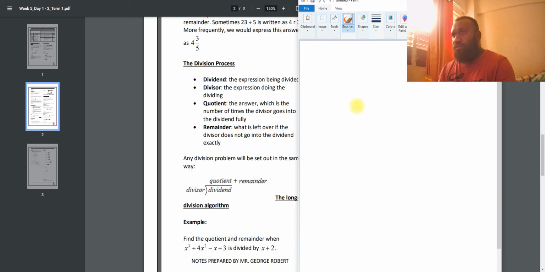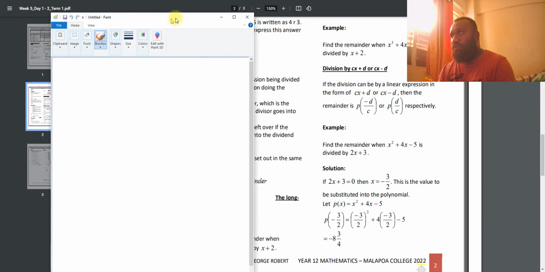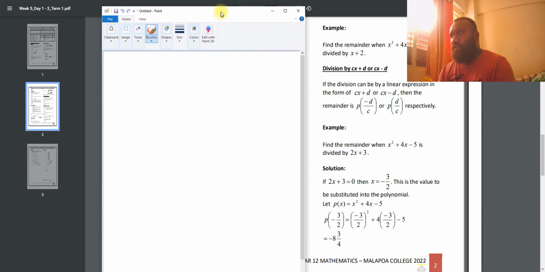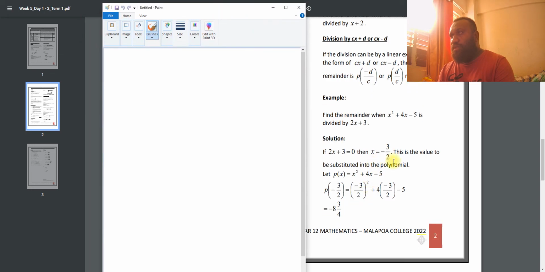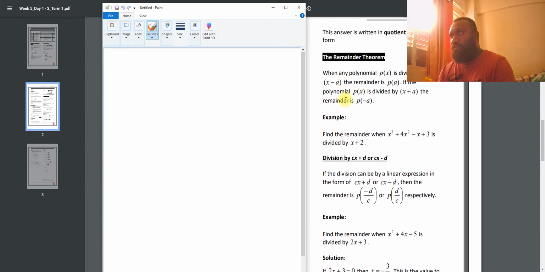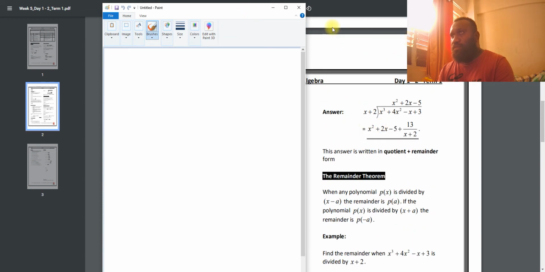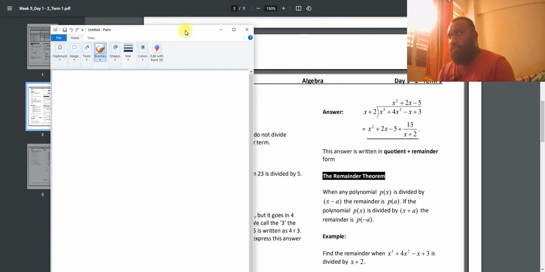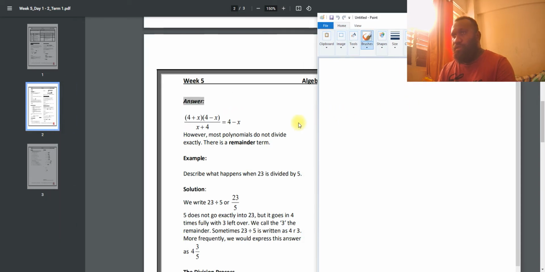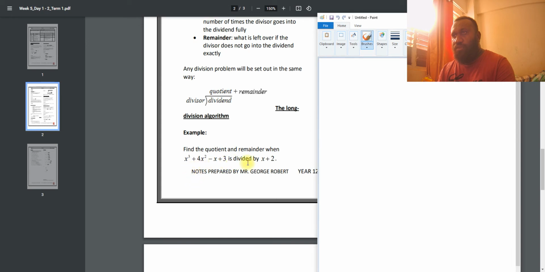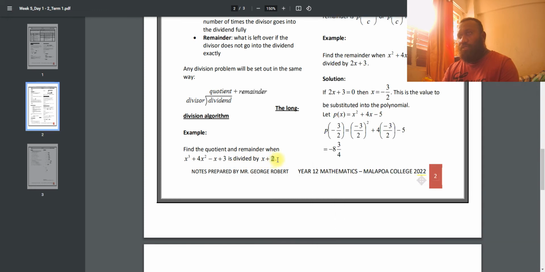Now, how do you know if you are given an example like this? An example whereby you have to find the quotient and remainder when x cubed plus 4x squared minus x plus 3 is divided by x plus 2.